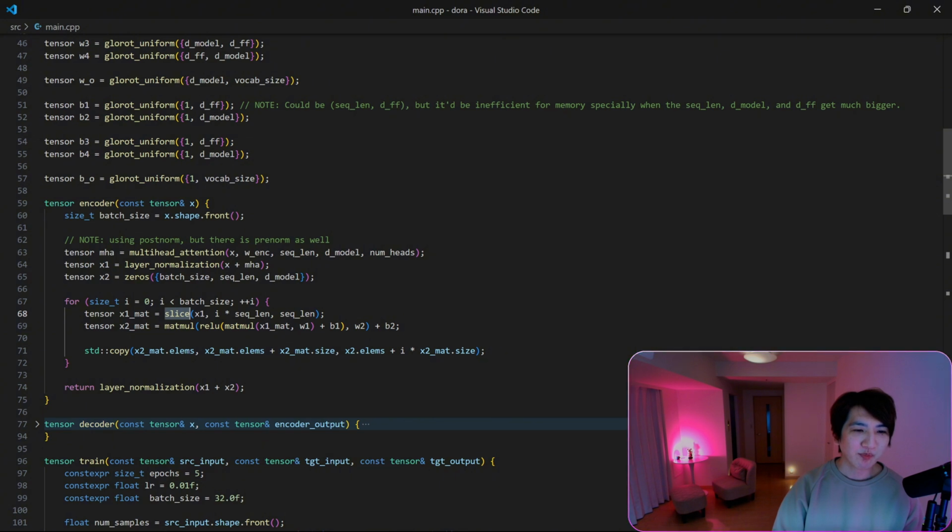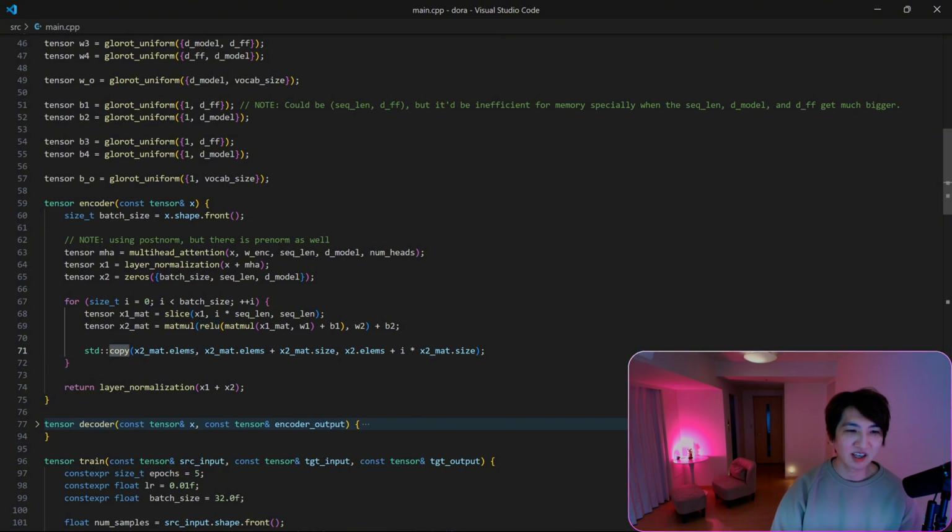I just extract matrices from the tensor. So this is the feed forward part, this for loop. It's just a linear transformation and uses ReLU activation to introduce non-linearity.